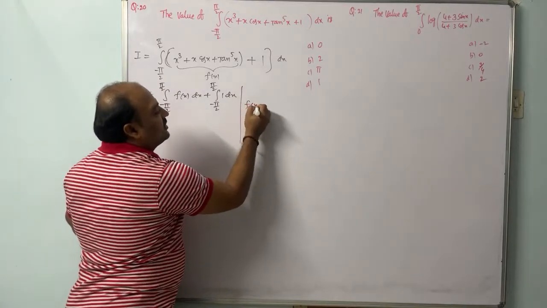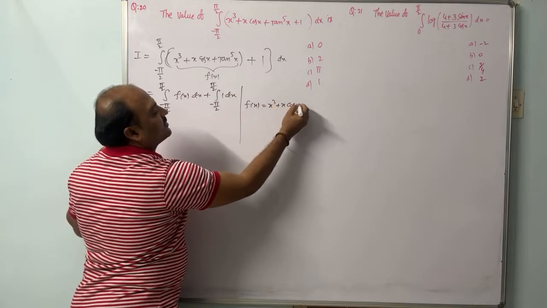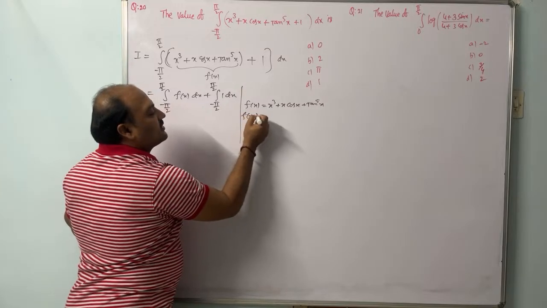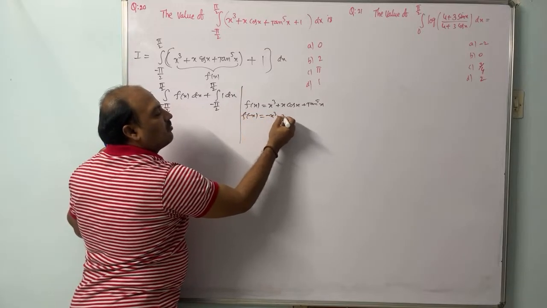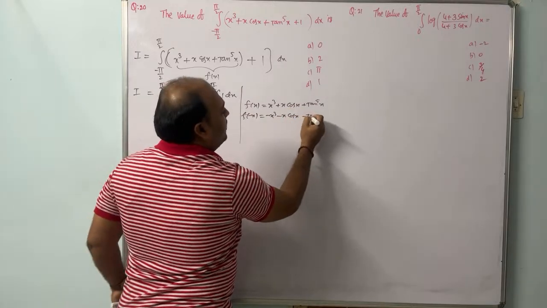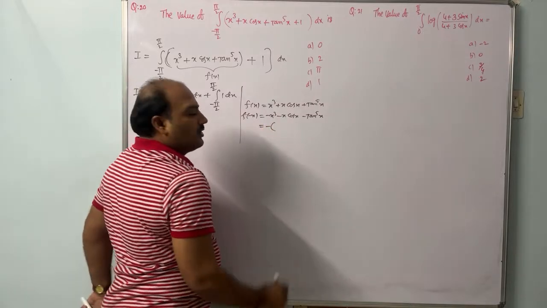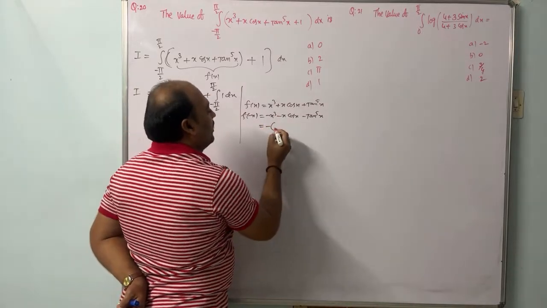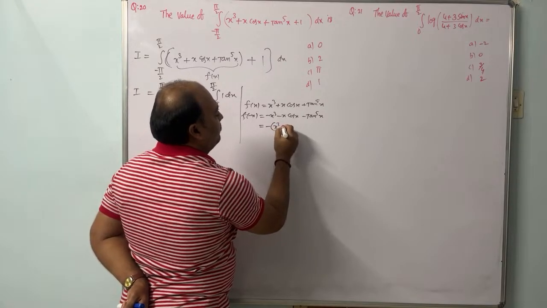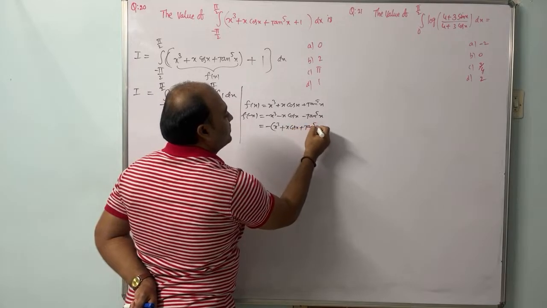First I am going to verify whether f of x is an odd function or even function. Here f of x is equal to x cube plus x cos x plus tan power 5x. F of minus x equal to minus x cube minus x into cos x, cos of minus theta is cos theta itself, minus tan power 5x. So taking minus common, we write it as x cube plus x cos x plus tan power 5x.